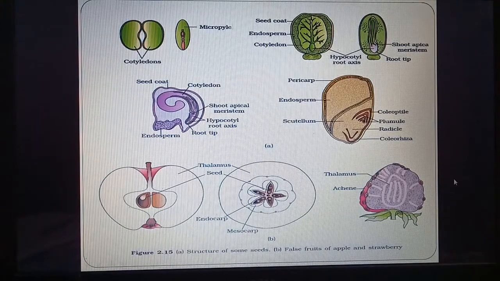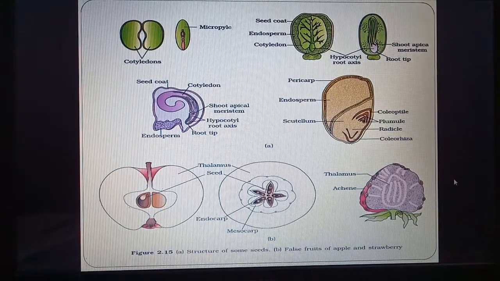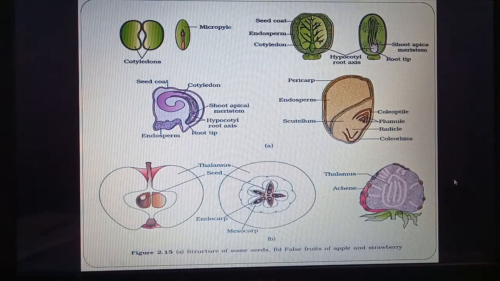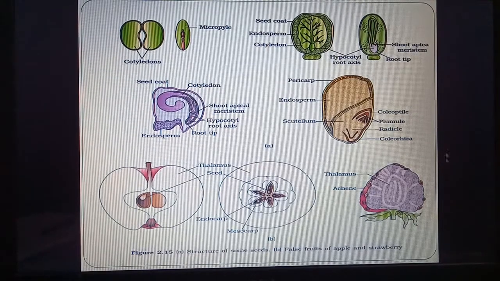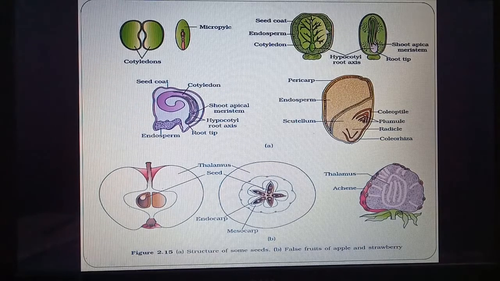In this figure, we can see in the upper part some seeds being shown. The first is the seed of bean. We can see two cotyledons, then micropyle. Then on the right hand side we can see this figure.